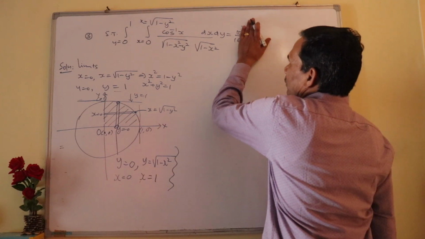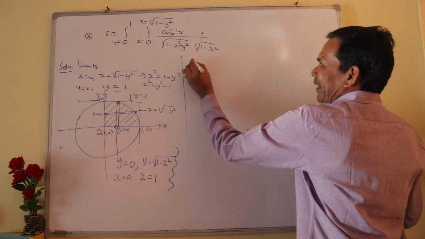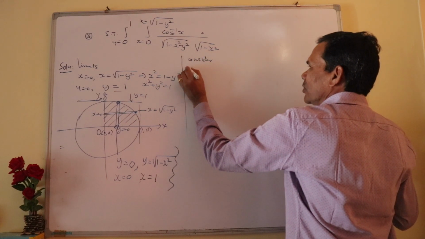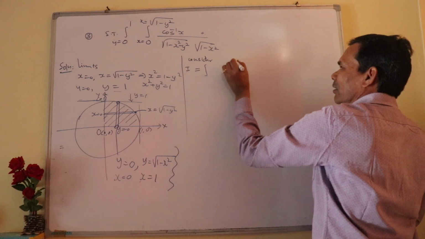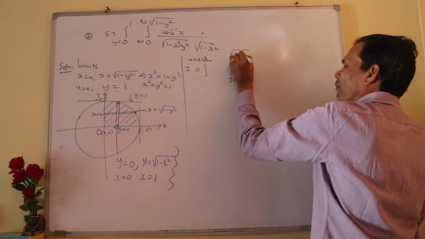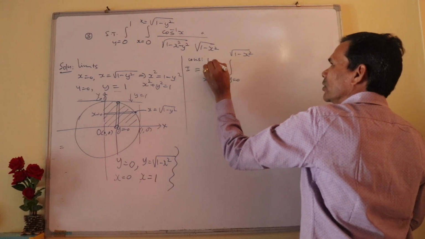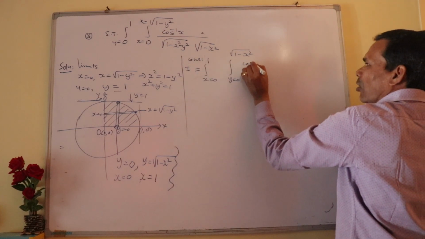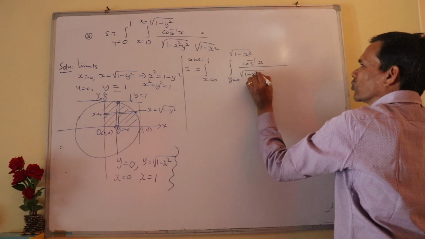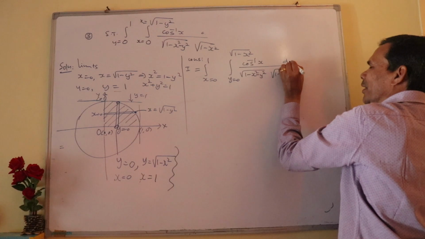Now what I do here, I consider this integral and try to integrate in this changed order. Consider I is equal to this integral. I put the new limits there: y is equal to 0 to root of 1 minus x square, after changing the order, x is equal to 0 to x is equal to 1, and here cos inverse of x divided by root of 1 minus x square minus y square root of 1 minus x square into dx dy.